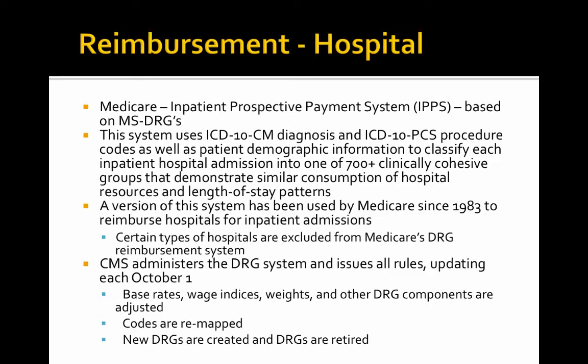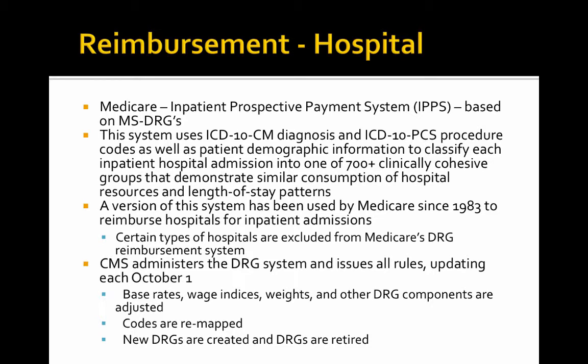You're not going to pay that $30,000, nor is your insurance company, because that's not the way claims are reimbursed typically. Let's say you're a Medicare-aged patient. Medicare pays on a system called the Inpatient Prospective Payment System, IPPS, and they pay on a system called MSDRGs.